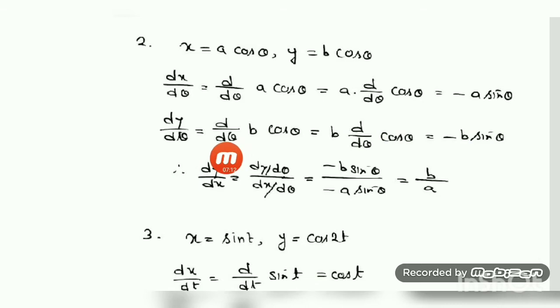Then d/d theta of y, which is equal to d/d theta of b cos theta, which is equal to minus b sin theta. Therefore, dy/dx equals dy/d theta divided by dx/d theta. Put the value: minus b sin theta by minus a sin theta. This is cancelled out. Only b by a will be left.